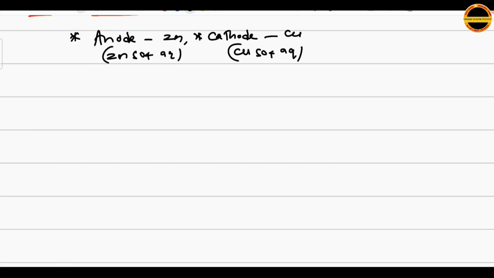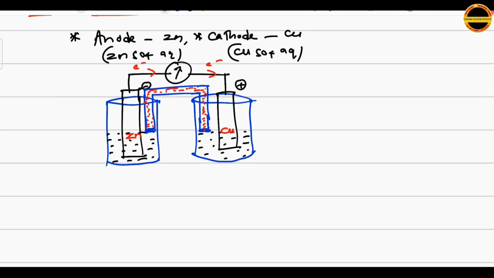Okay. Now you see, for example, if I show, the salt bridge as well as anode half cell and cathode half cell representation, I showed here. Observe it. Here there is anode half cell, here cathode half cell. In the first beaker there is zinc rod, in the second beaker there is copper rod.